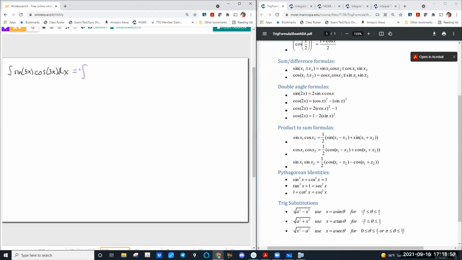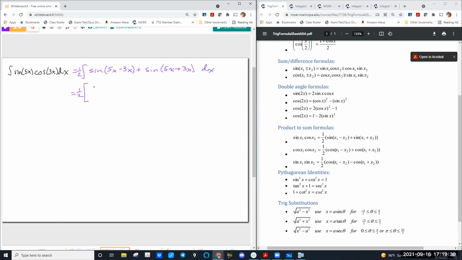It is 1/2. I'm just going to go ahead and pull the 1/2 out of the integral. We'll deal with the constant later. Sine of x1 minus x2, so sine of 5x minus 3x. It gets a plus for this particular formula. And then sine of 5x plus 3x. So 1/2.